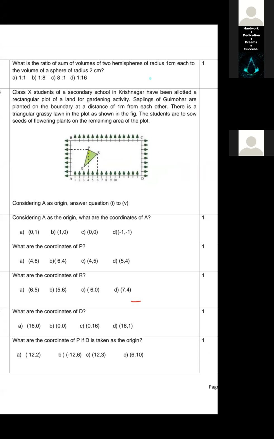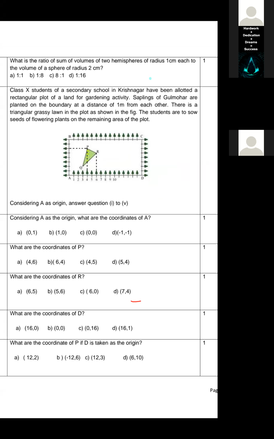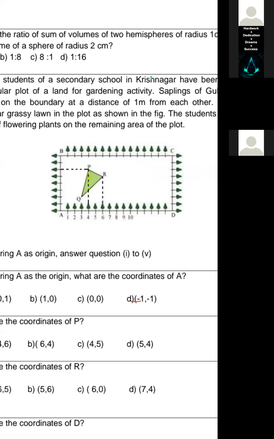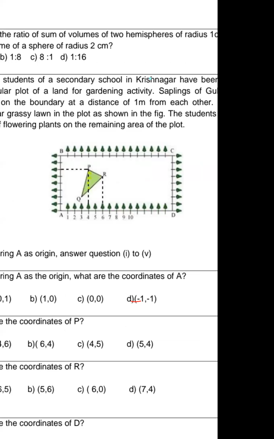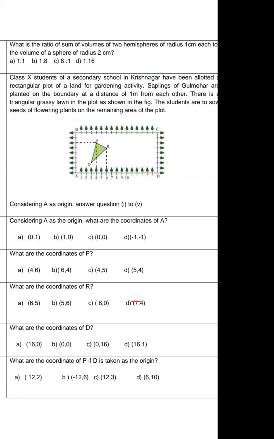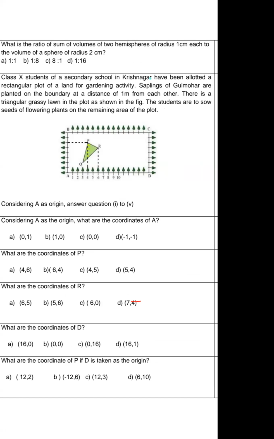You can see these green parts. Each sapling is at a distance of 1 meter from the other one. There is a triangular grassy lawn in the plot as shown in the figure PQR. The students are to sow seeds of flowering plants on the remaining area of the plot. Remaining area means not in the triangle PQR.